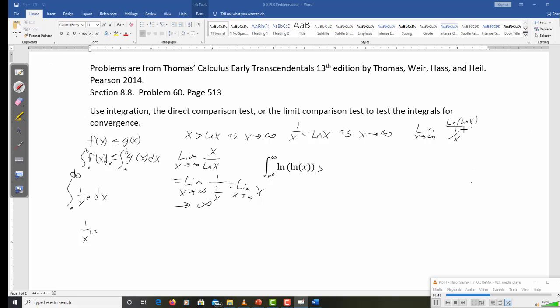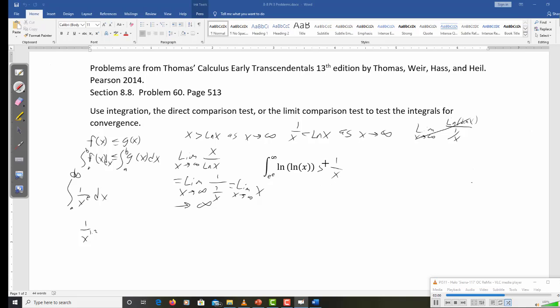Yeah, in fact, it's not even indeterminate, really. Well, I guess it is. No, it's not even really indeterminate. Top's going to infinity, bottom's going to 0. So yeah. So, with that in mind, we're actually just going to bound this with 1 over x.